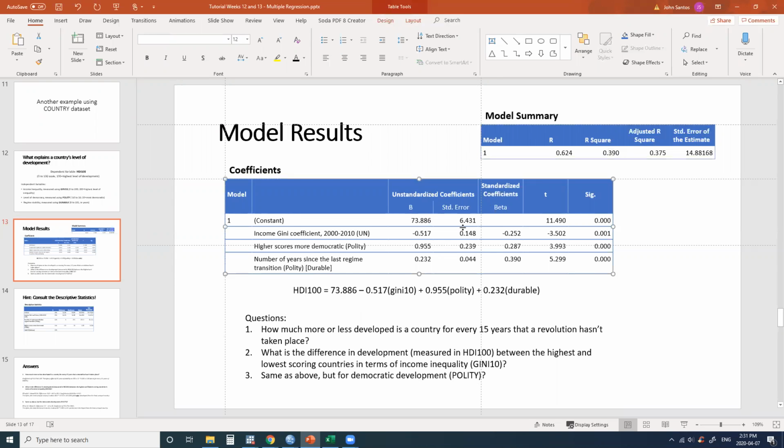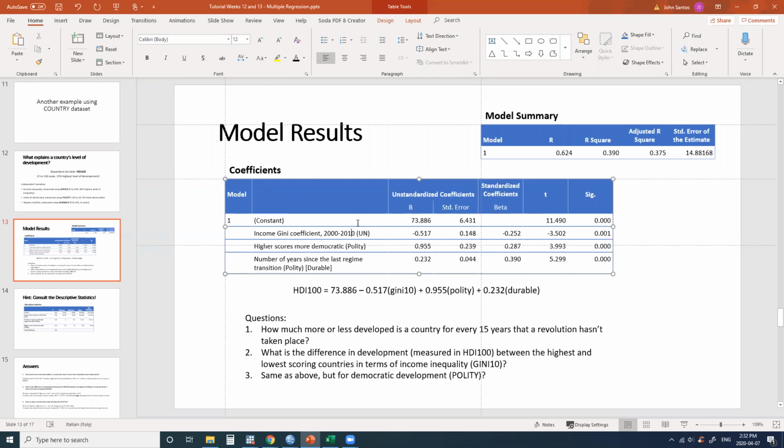And so we can write out our equation, right? The constant is 73.886. That goes in the constant there. The Gini coefficient, negative 0.517. So for every point increase in the Gini coefficient, a measure of inequality, as inequality goes up, human development goes down, which makes sense, right?